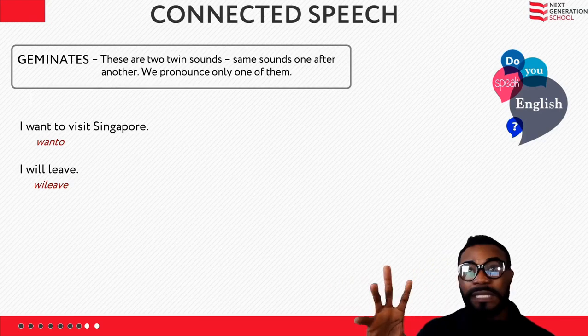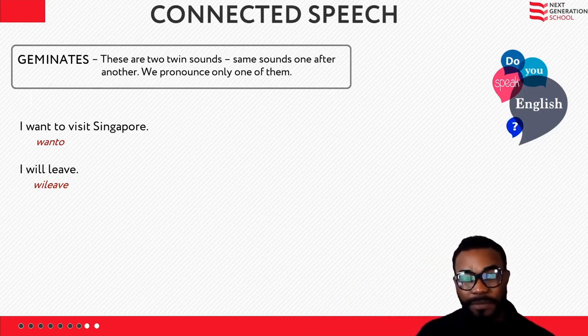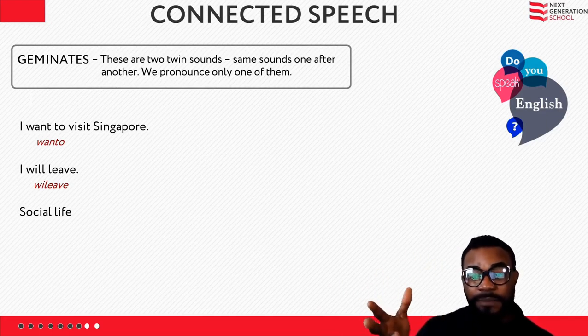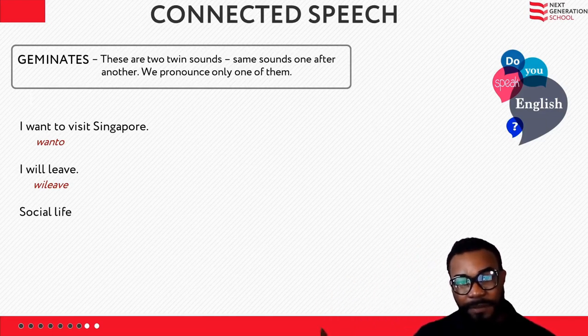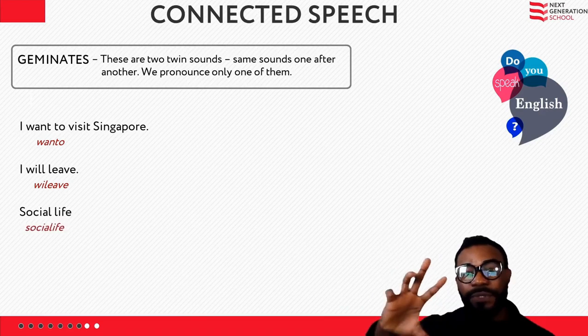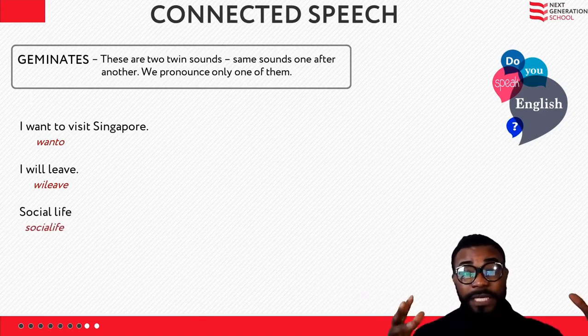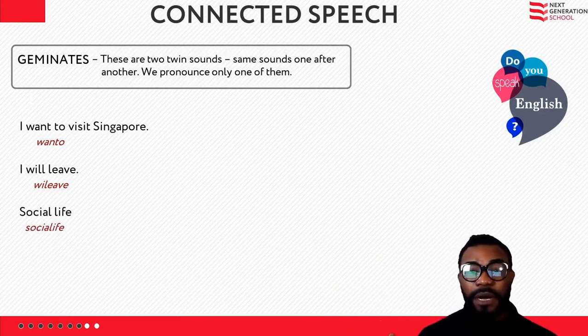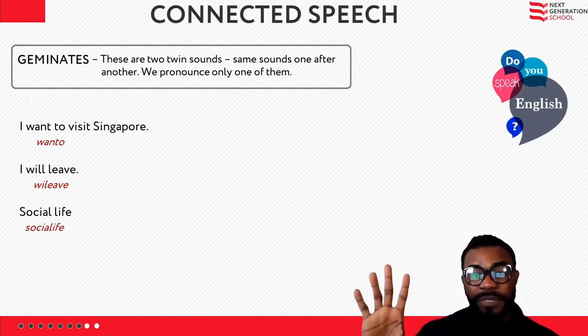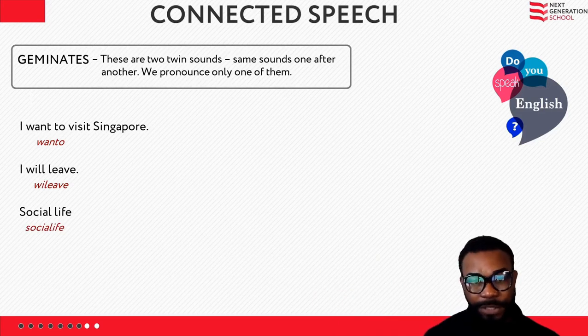Not "I will leave." Nope, I will leave. The next. Here we have the same, "social" and "life," but together we have "social life." And dear friends, these are the five principles of connected speech.